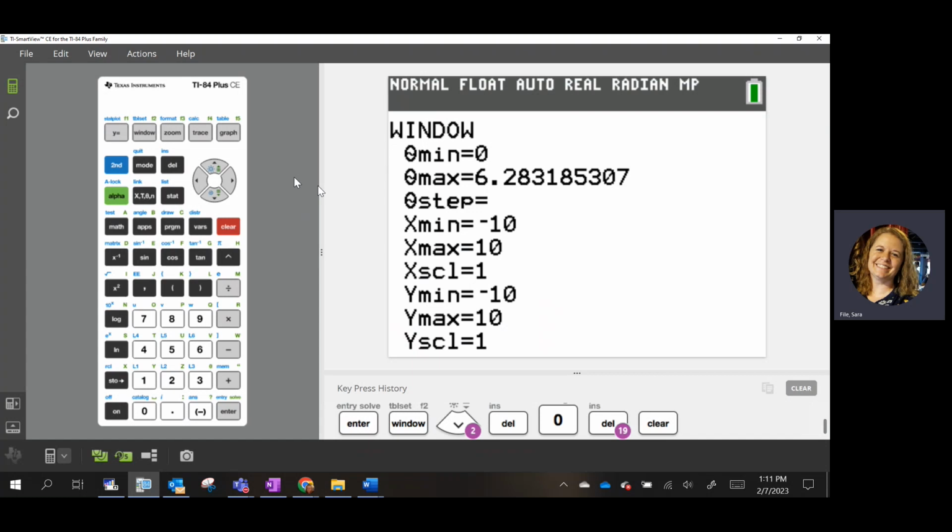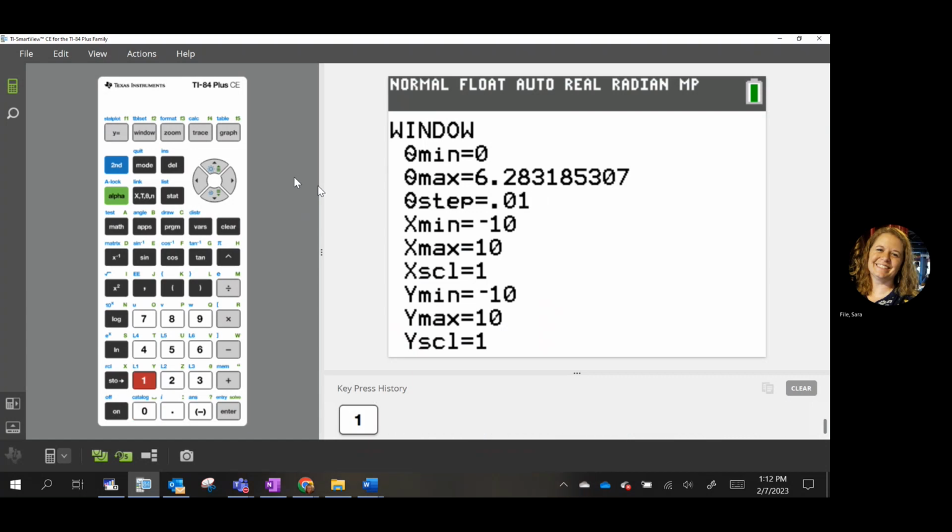So the smoother, more accurate you want the curve to be, the smaller you want this number to be. Especially for what we're doing today, we're trying to watch the path of the graph. We want it to go kind of slow so we can watch it. So I'm going to set this at 0.01. That's 1/100th of a radian. It's going to plot a point every 1/100th of a radian on the graph to give us a nice curve.